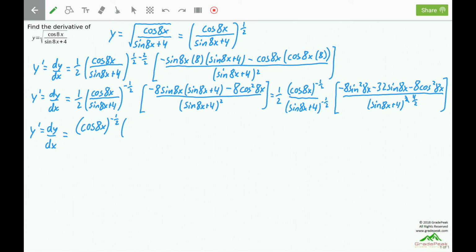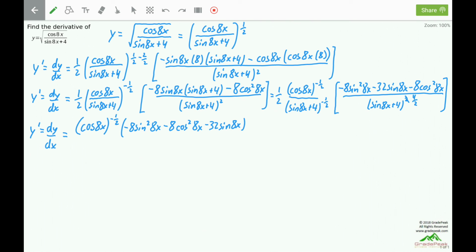But I'm going to move that cosine squared term, that's the third one in the list, I will write it second. So you have to keep it subtraction, but you can rearrange the order in which things are being subtracted with each other. And then the negative 32 sine 8x I'll write as the third term.